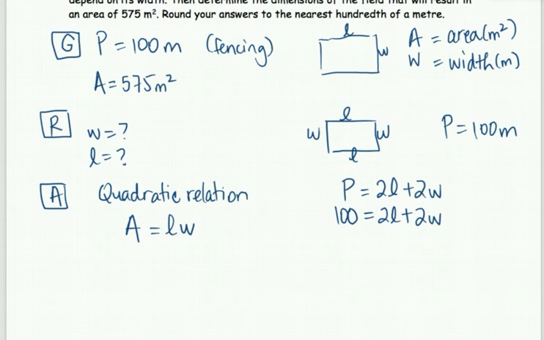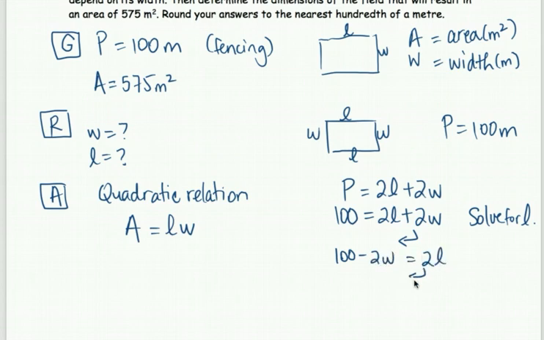If you're a little overwhelmed, like how was I supposed to know how to do that? Once you see this one example, you'll know how to do all of these area perimeter type questions. I'm going to solve for L, length, because I want a quadratic relation that has only A and W in it. Move the 2w over, so 100 minus 2w equals 2l.